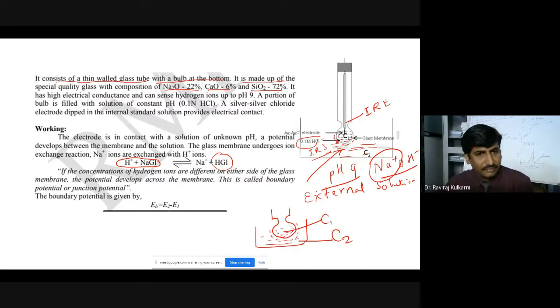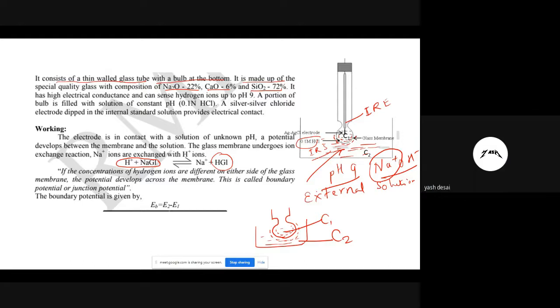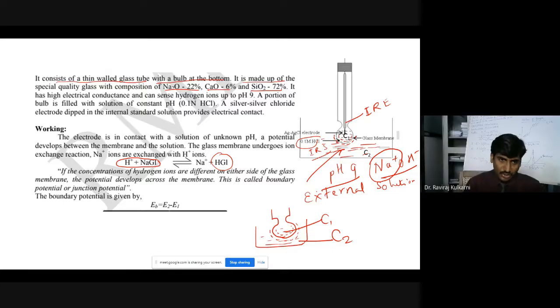If the concentrations of hydrogen ions are different on either side of the glass membrane, a potential develops across the membrane. This potential is known as boundary potential or junction potential.